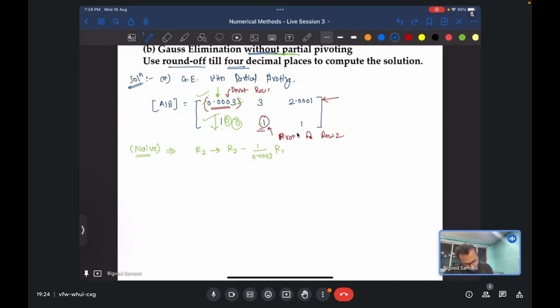So in partial pivoting, for the first step we are concerned with the pivot element of the first row.